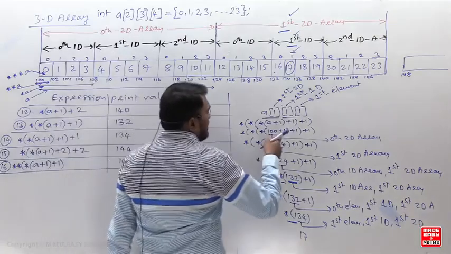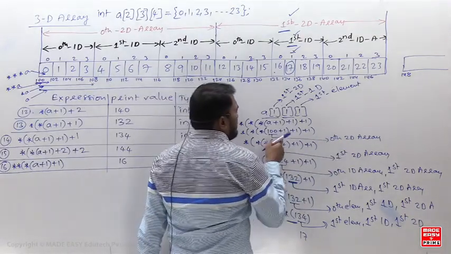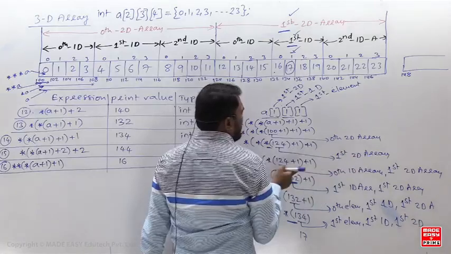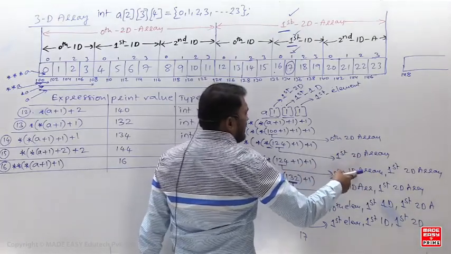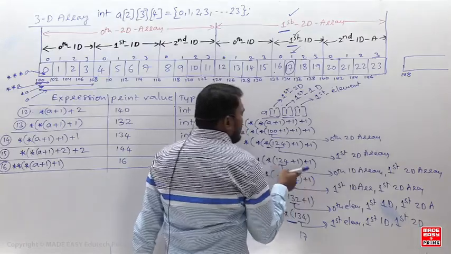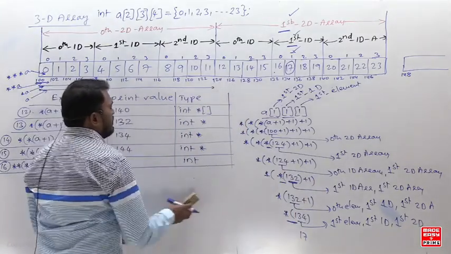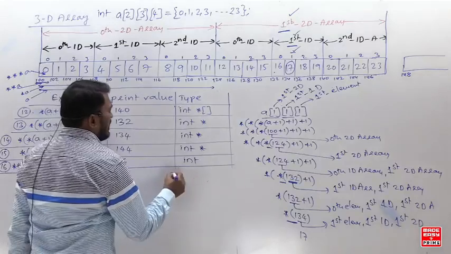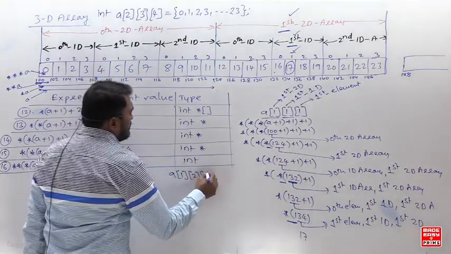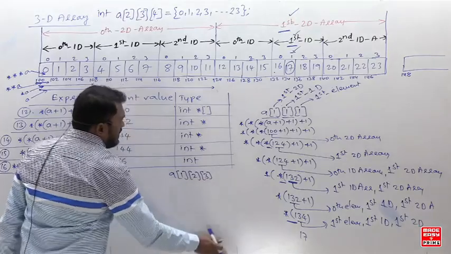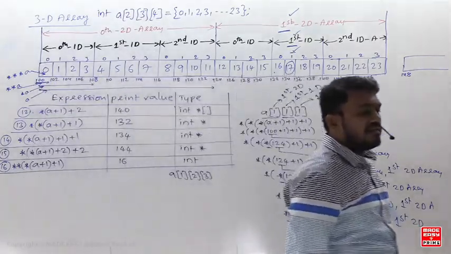I have written neatly: 100 means it is pointing to the 0th 2D array, 100 plus 1 is 124, pointing to the first 2D array. So this one is the 0th 1D array, and first 2D array. Write clearly in the same manner for this also. I want you to expand A of 1 2 3 in the same manner, and copy the whole thing as I have written it.